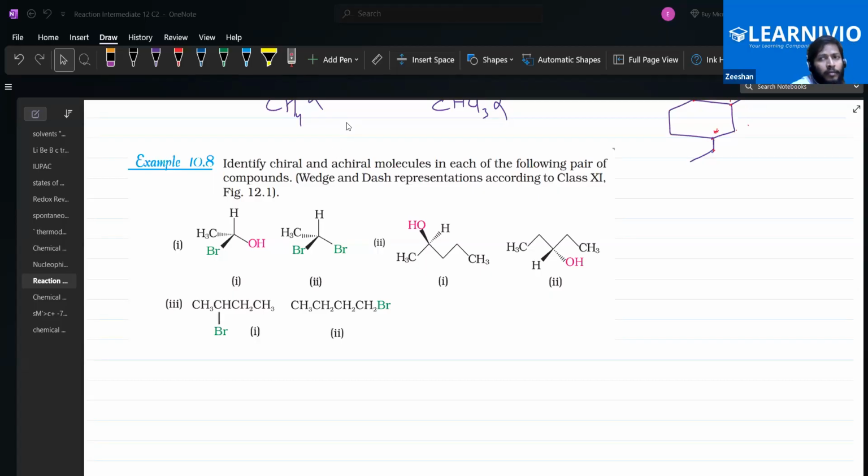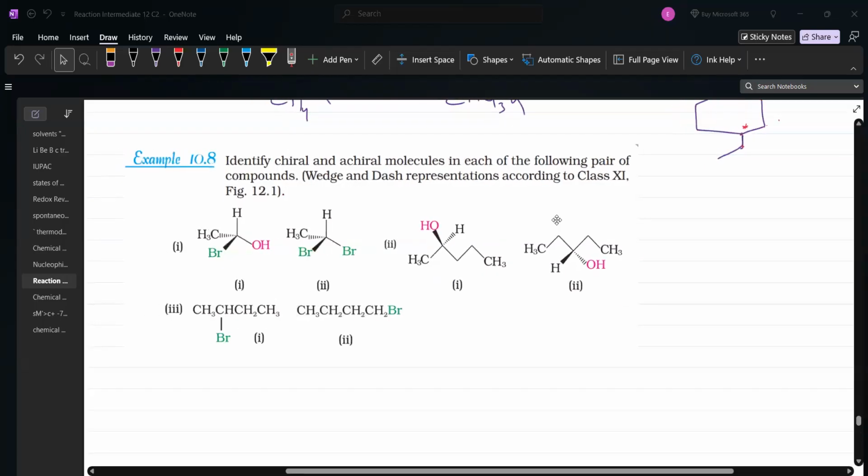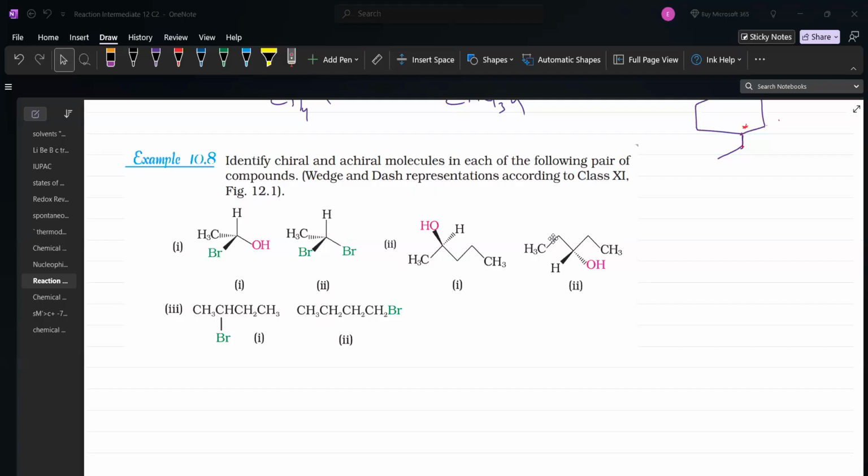Understood, Siddhika? So please count the chiral carbons. Identify the chiral ones. The one which is not chiral is called achiral, and the one which has at least one chiral carbon is a chiral molecule. In this one, it has already been told that in class 11th you should have known wedge and dash representation, but no problem.